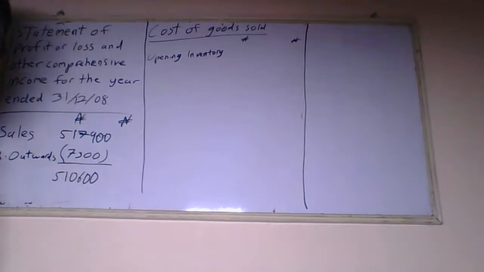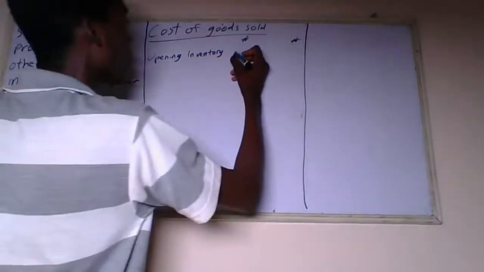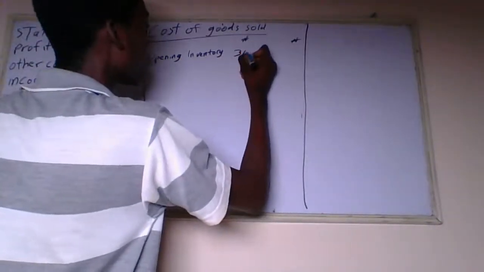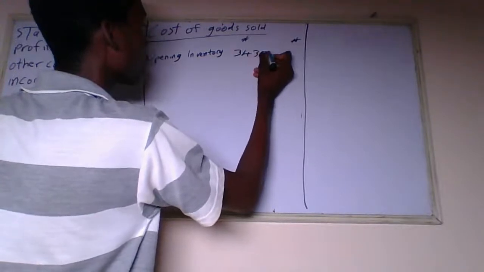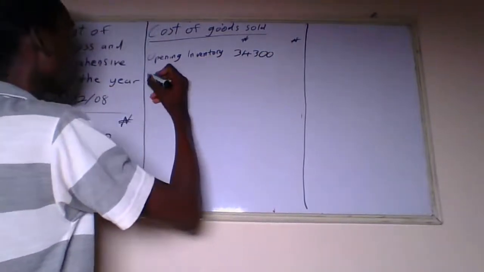And in the question, we have our opening inventory to be 34,300. Next, we have purchases.